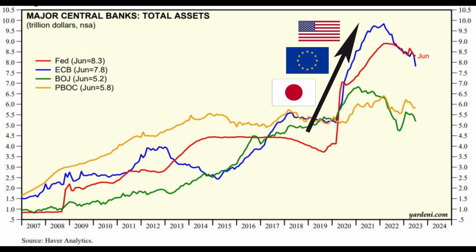In contrast, the People's Bank of China (PBOC) took a different approach during the pandemic, treating it almost as if it was business as usual. While the balance sheets of the other major central banks expanded significantly due to extraordinary stimulus measures, the PBOC's balance sheet remained relatively stagnant. Moreover, it was nowhere near the level of action taken following the global financial crisis.